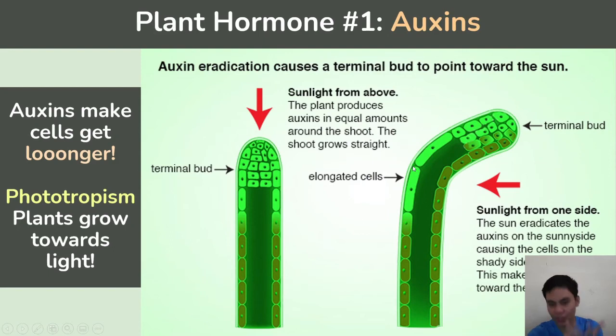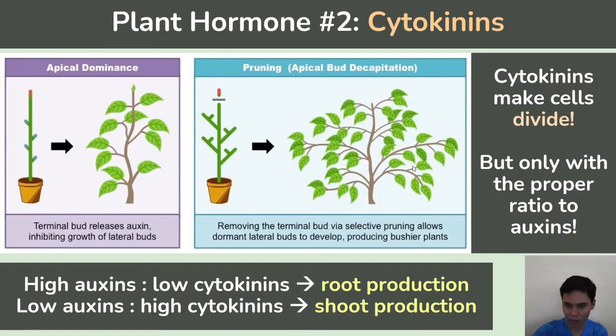Plant hormone number two is cytokinins, or cytokinins. Potato, potato. So these are things that make cells divide. So alone, they don't do very much. They do make cells divide, but you can't see any actual functional differences except if you have a proper ratio to auxins. So the ratio between them determines a lot of stuff. For example, apical dominance is how your plants usually want to grow through primary growth, or growing taller and deeper rather than thicker.